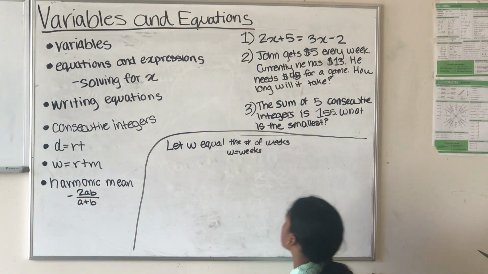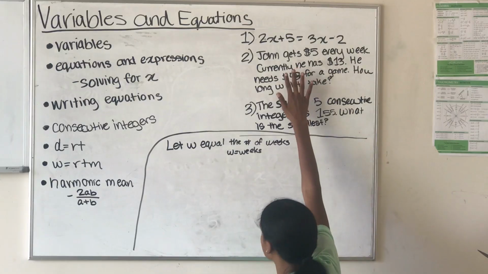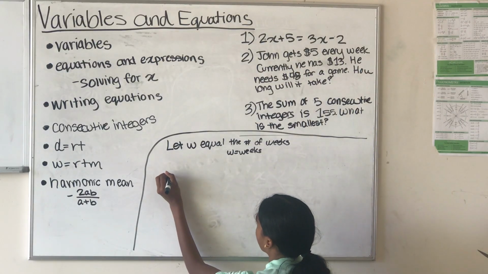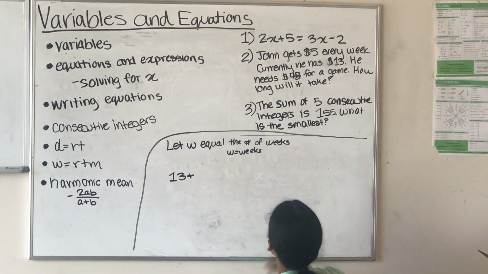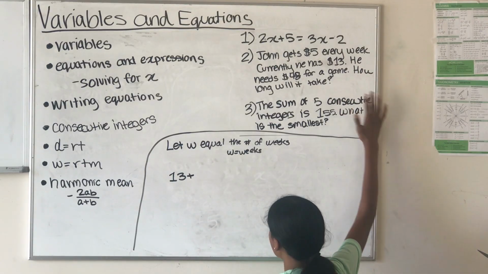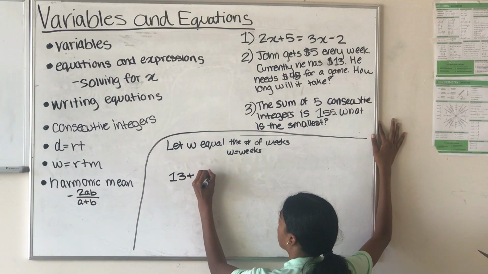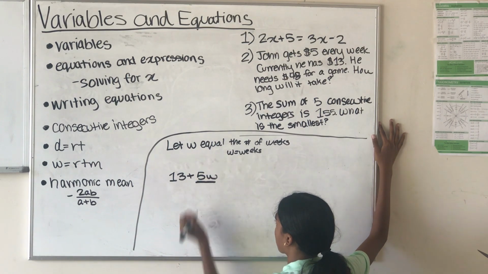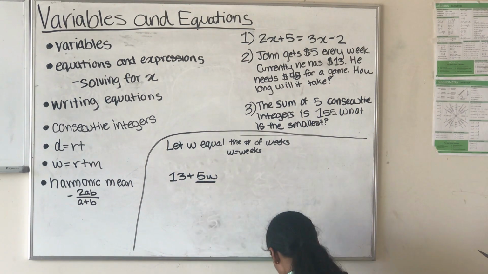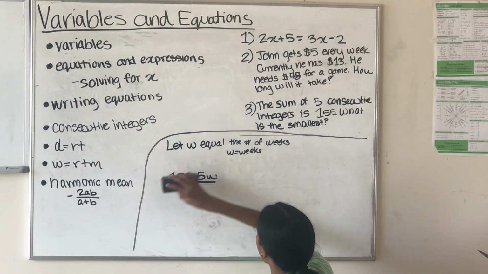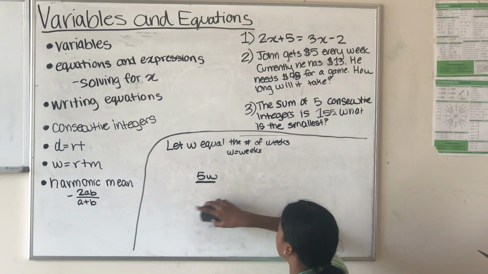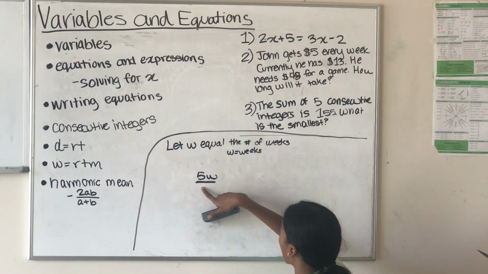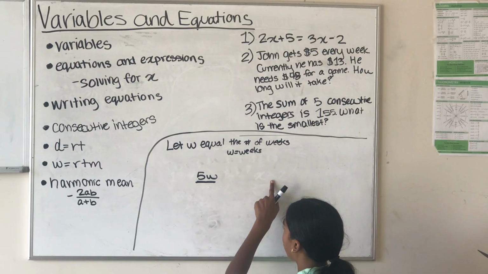Okay? So he starts with 13. So we're just going to be like 13 plus. And he gets $5 every week. 5W. After W weeks, he's going to have a certain amount of money.